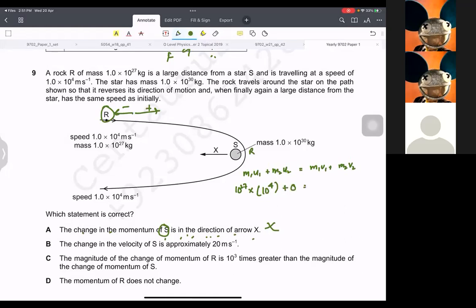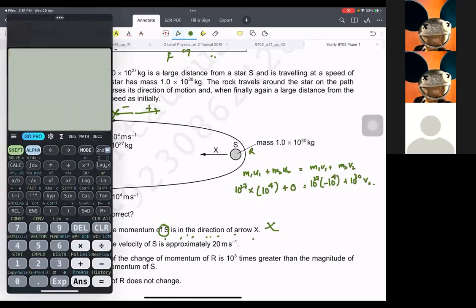Then afterwards, it changed its momentum. So it was 10 raised to 27, but now minus 10 raised to power 4. And this is 10 raised to 30, and we need to find this velocity. Let's try. 10 raised to power 27 multiplied by 10 raised to power 4. Uh-oh.